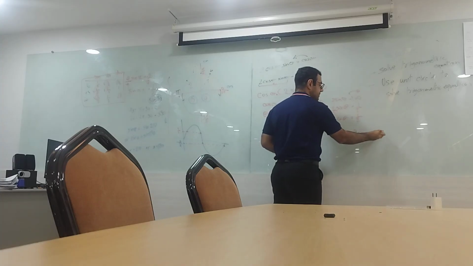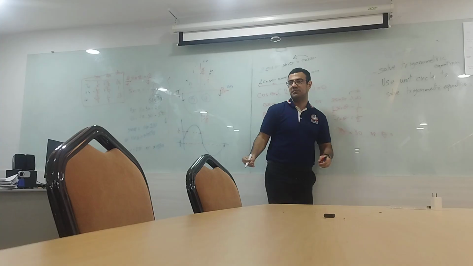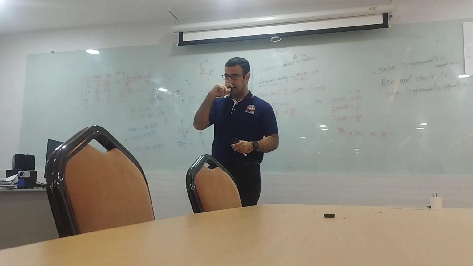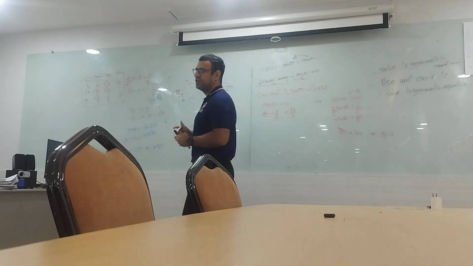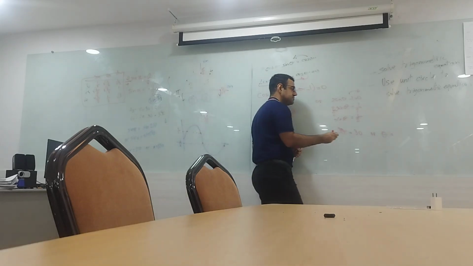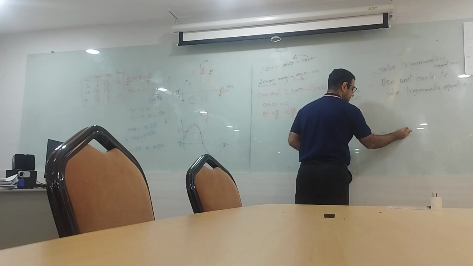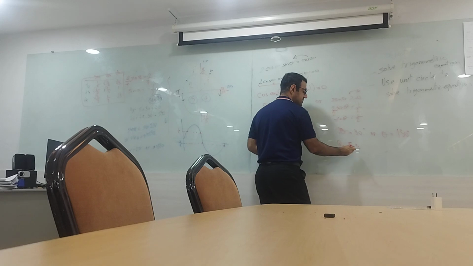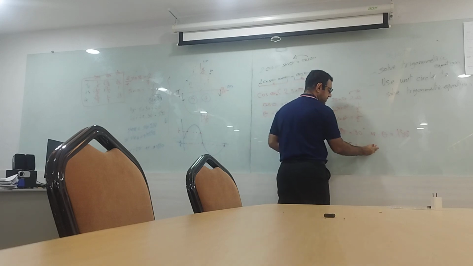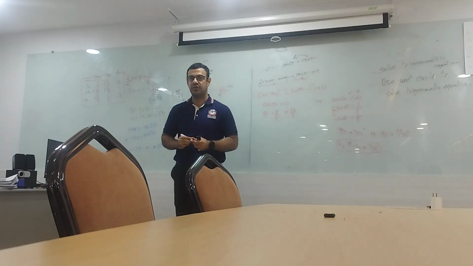Or theta is going to be how much in the second quadrant? 150. How did you find that? Pi minus 30. So this is for Q2, it's going to be 150.